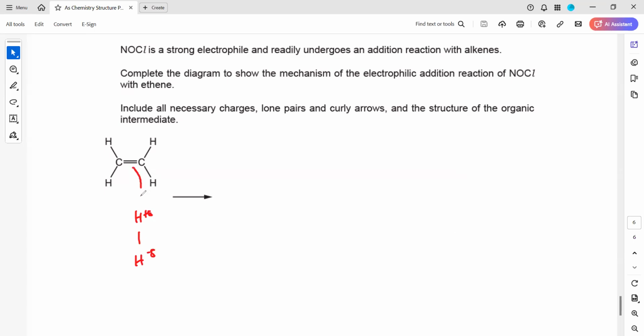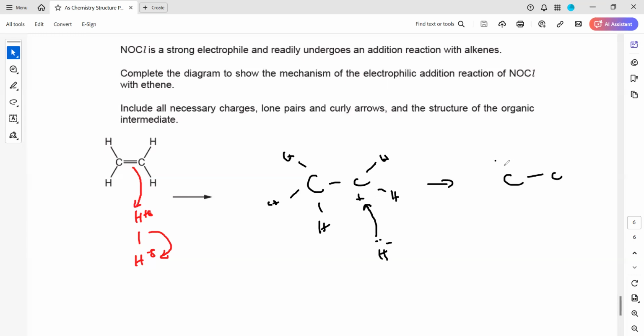This double bond is attracted to the partial positive, carbon will try to form a bond with this hydrogen and the hydrogen will break the bond. So this will be H, H, H here, and then a positive charge. And this hydrogen, which has a negative charge with a lone additional electron, will form a bond and result in the formation of an alkane. This is an electrophilic addition reaction.